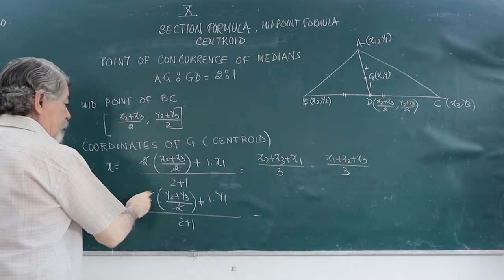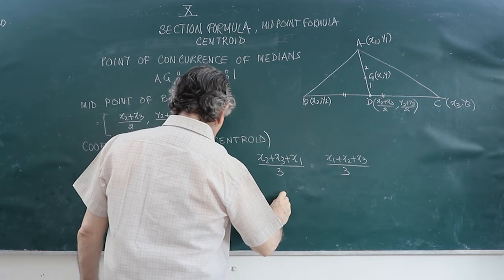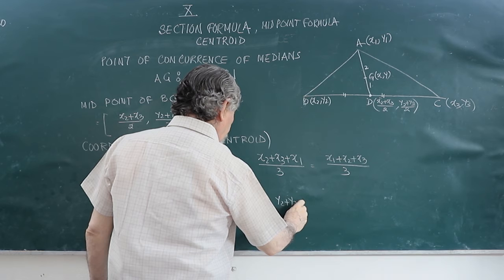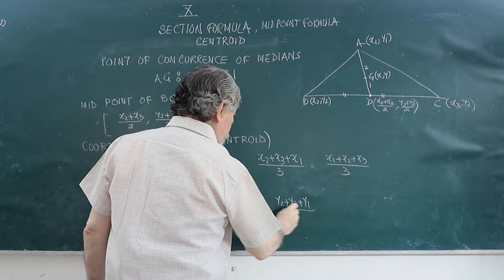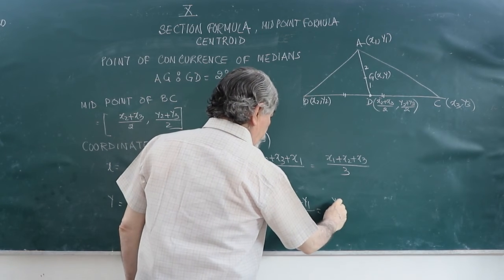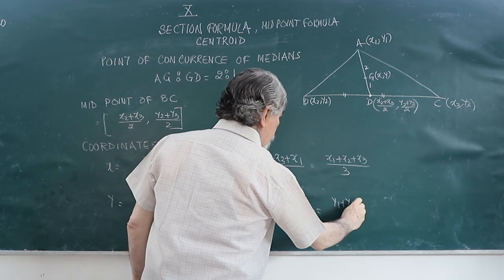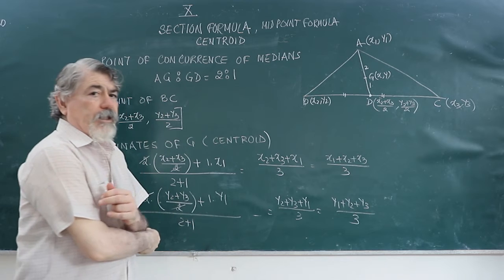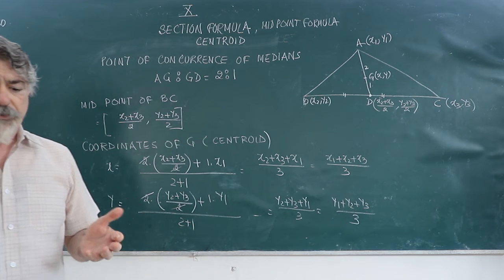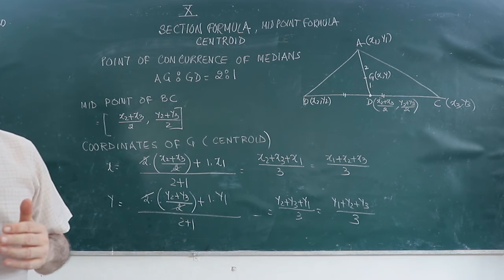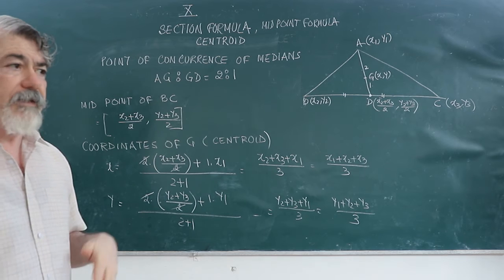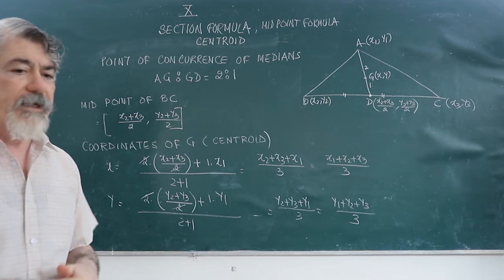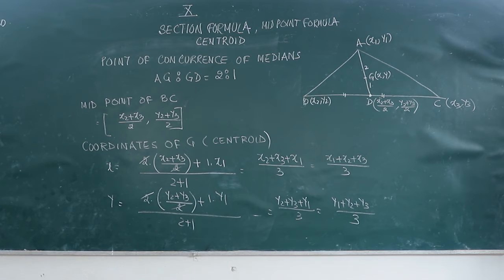And this will cancel with this, and what will you get? y2 plus y3 plus y1 upon 3, or y1 plus y2 plus y3 upon 3. It is very simple to remember. You add up the x coordinates, divide by 3; you add up the y coordinates, divide by 3.